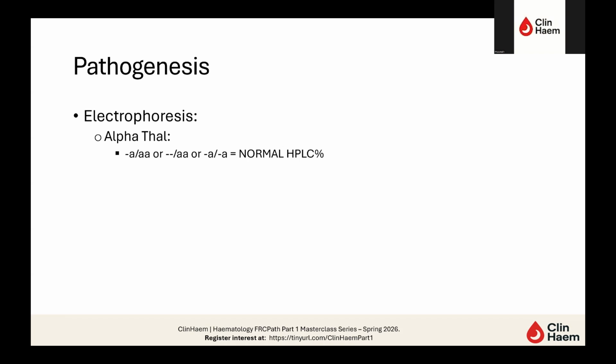Because they will have enough to make alpha chains, and alpha is required to make all types of hemoglobin: HbA, HbF, HbA2. So if they are decreased mildly, all of them would be decreased proportionately, so the overall percentages would appear normal. So alpha thal trait, I mean silent carrier or trait, you cannot diagnose with HPLC or CE because they will appear normal.